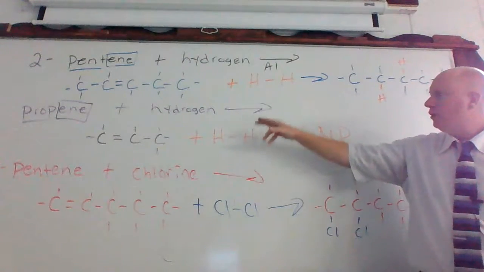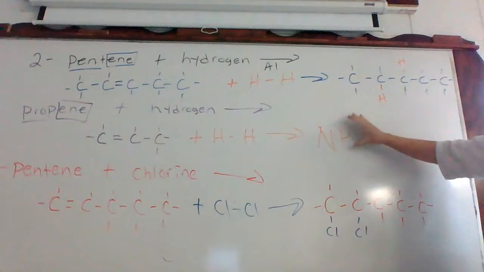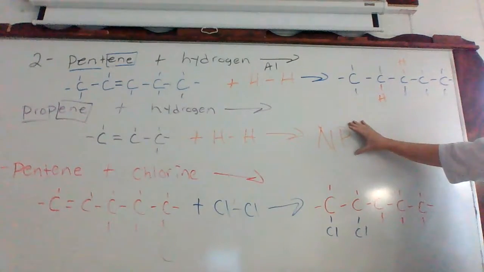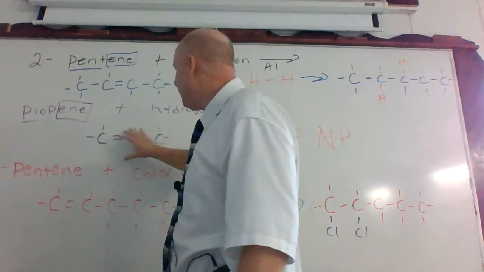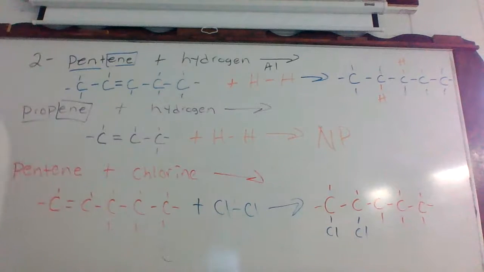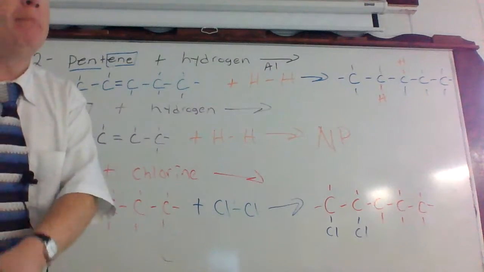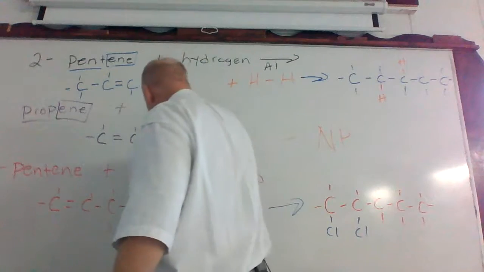So if there's nothing under that arrow, this reaction cannot proceed. These alkenes have to have a catalyst when it comes to hydrogen. The only difference that I'm going to write up here, we will discuss on Monday when you come back. That's where we will start.